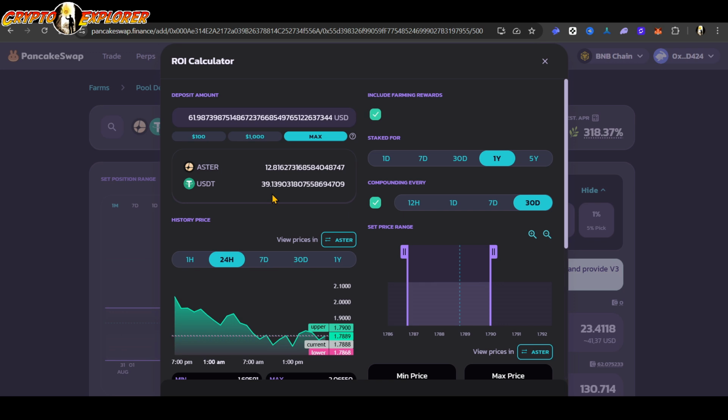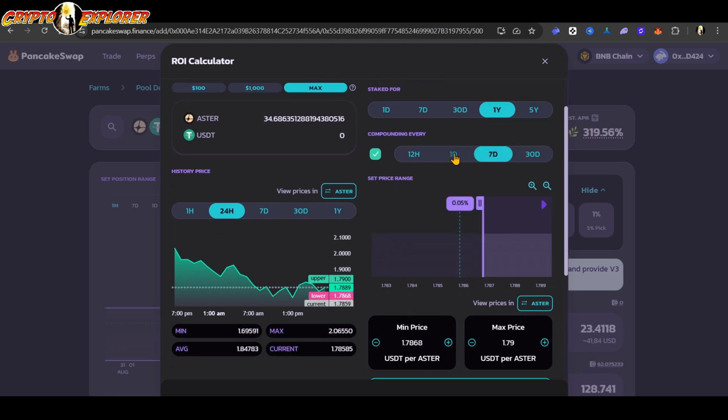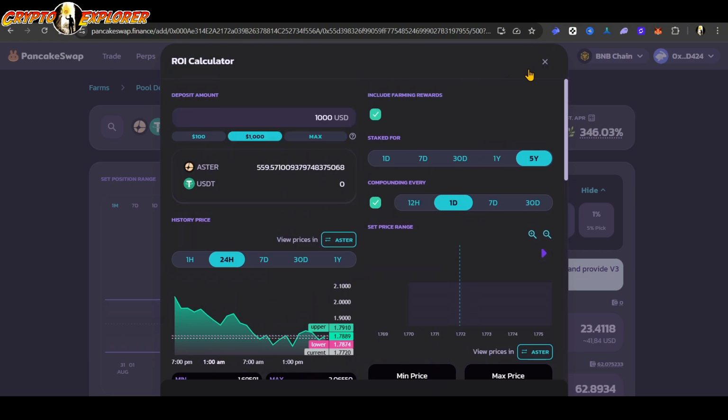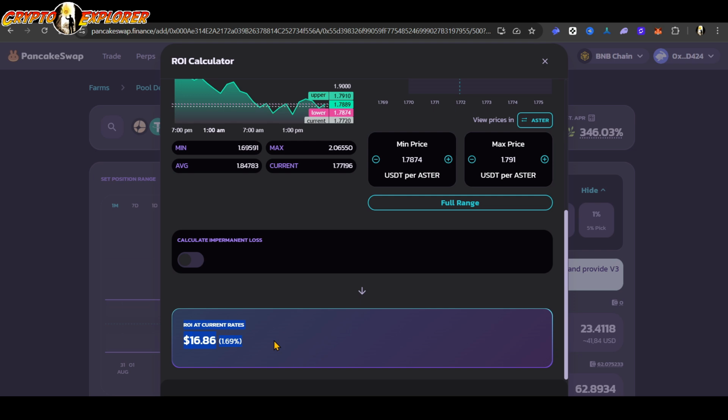All right, so here we also have a calculator. I rarely use this, if at all, because markets are very volatile in crypto. But if you want to have an idea of how long you are in a pool or are planning to be in a pool and how often you want to compound, this can give you, based on past performance, how much yield you will get. You can play around with the calculator, calculate some impermanent loss even, turn it on and off, have some idea of the ROI at current rates.